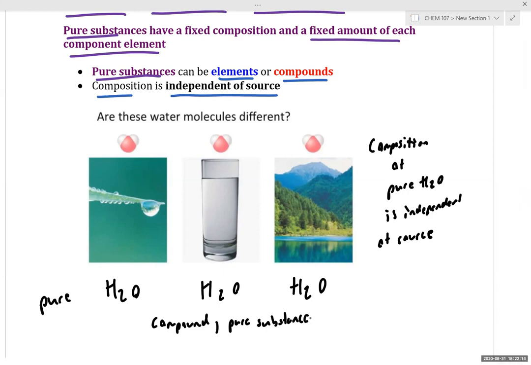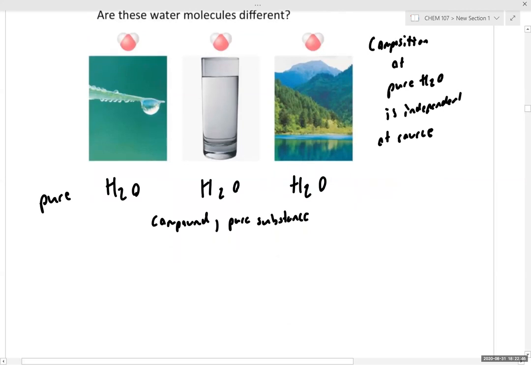And this is important because that means we can isolate a pure compound, put it in a bottle, label it, and we know that pure water isolated from one source will be identical to pure water isolated from another source. So pure substances have a fixed, definite composition that is independent of source. Okay, and we'll see why we use this definition when we start to talk about mixtures later on.